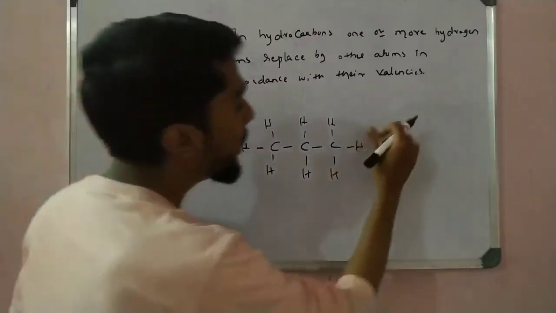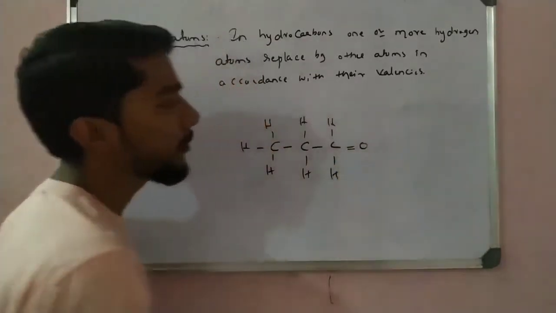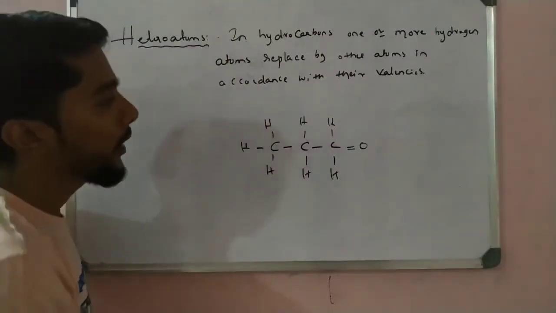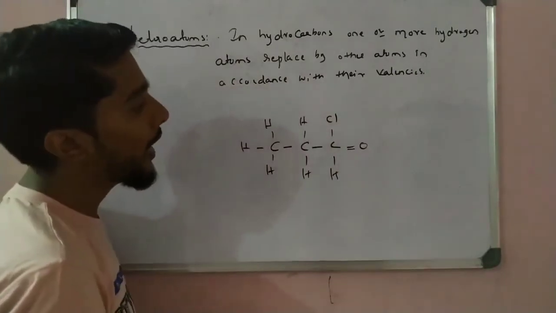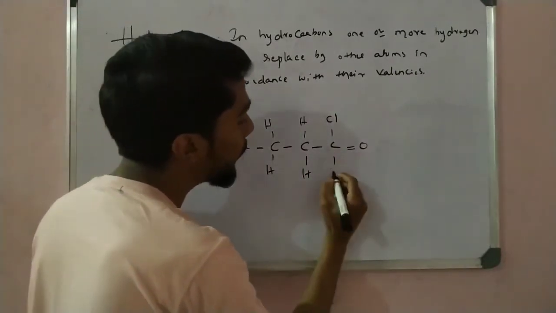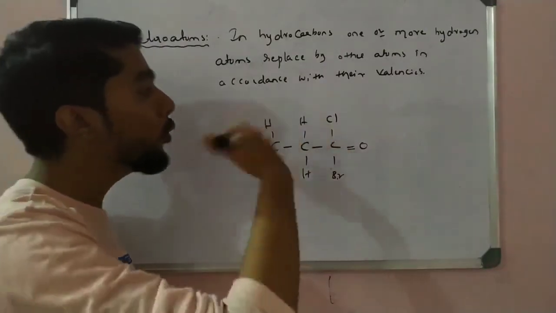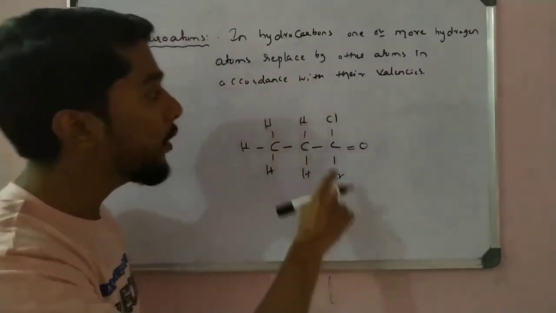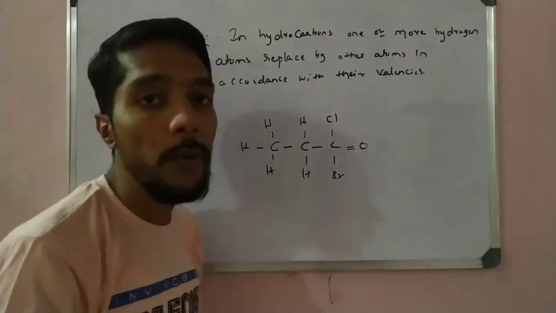For example, I remove this hydrogen and in its place I can add O, or I can add Cl, chlorine, or I can remove H and take Br. Means what am I doing here? I remove the H and in place of H I can put other atoms, maybe oxygen, maybe chlorine, or maybe fluorine, like that.